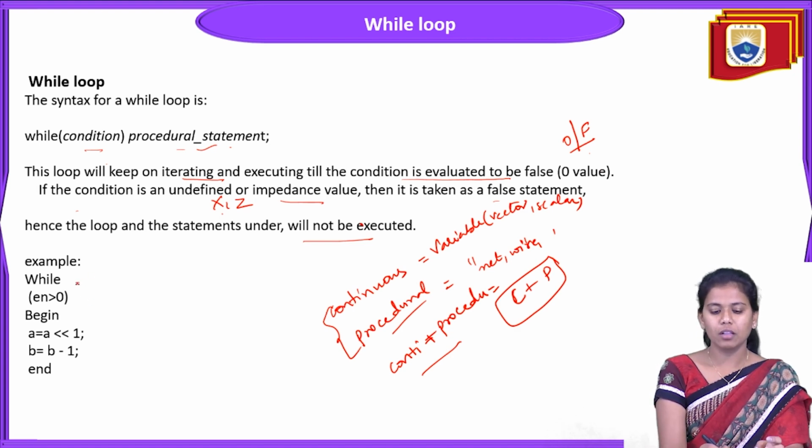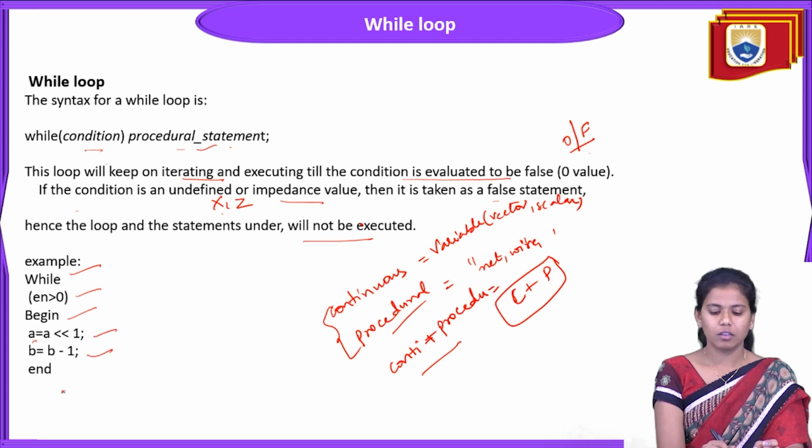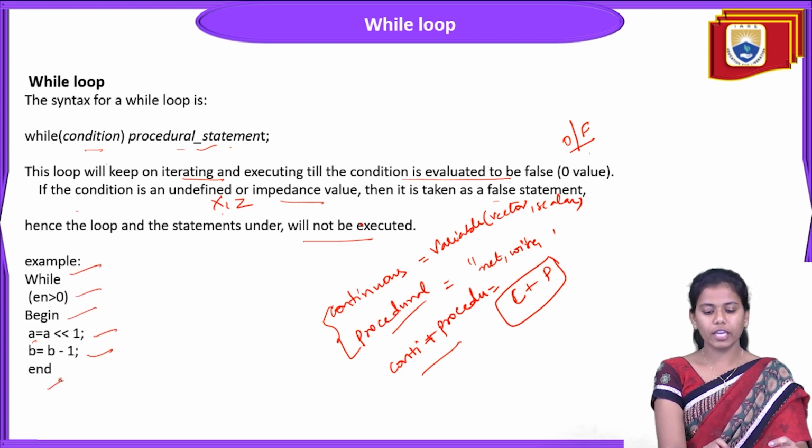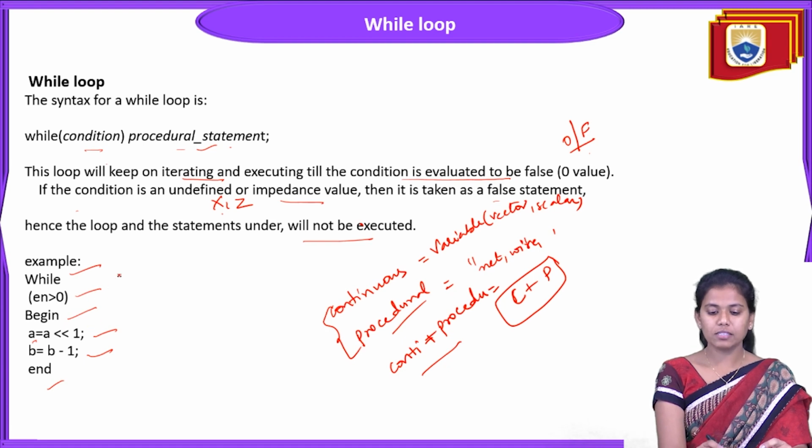Here in the example, while enable is greater than 0, begin a less than 1 and b minus 1, ending with the keyword end. So here if you observe, what I said is the condition is evaluated to be false, 0.